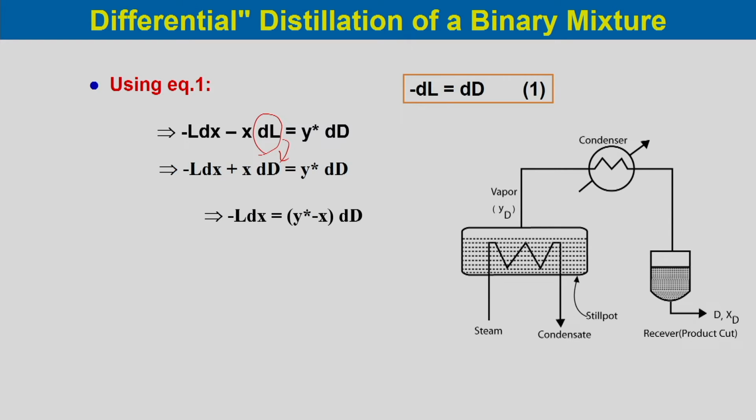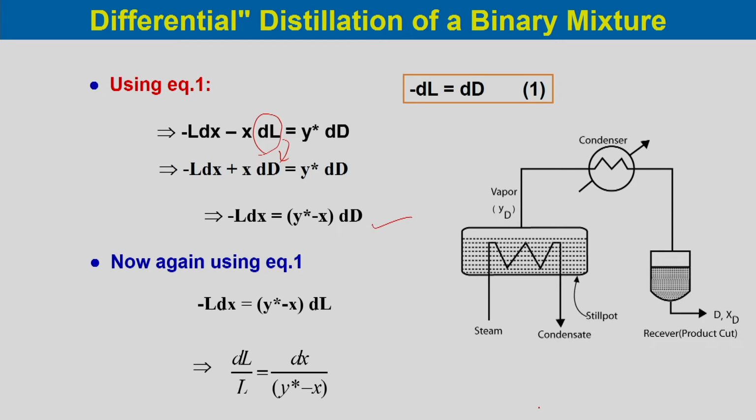From here we can write minus L dx would be equal to (y star minus x) dD. Now, again using equation 1, we can write minus L dx would be equal to (y star minus x), and instead of dD we can write dL here.